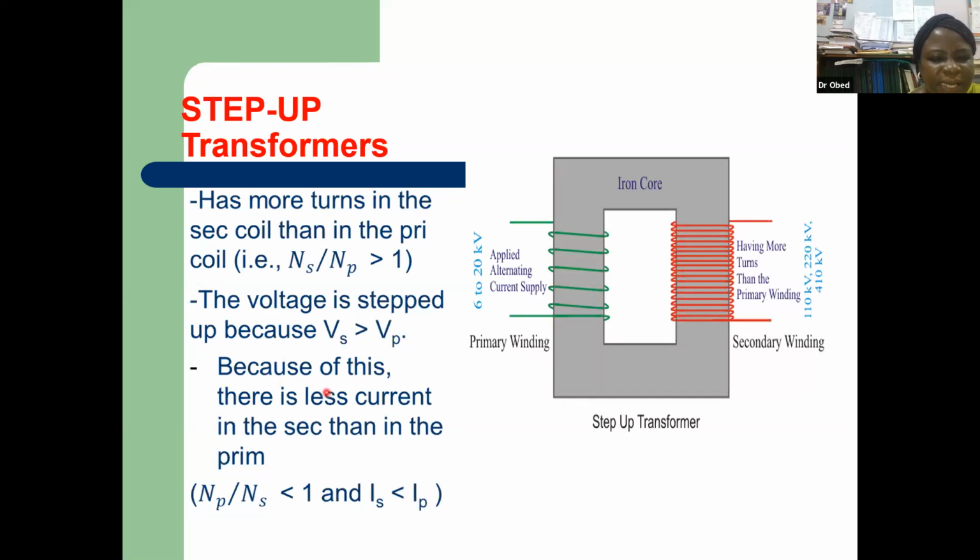Because of this, there is less current in the secondary than in the primary. So Np over Ns is less than 1, and Is, the current in the secondary, is less than the current in the primary. So that's an illustration of a step-up transformer.